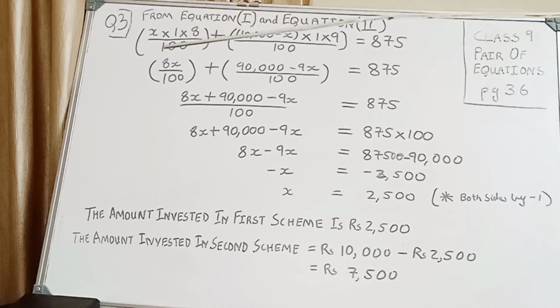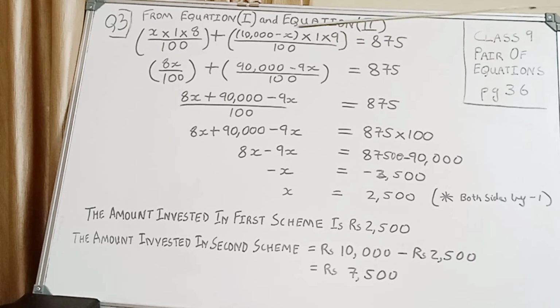Now multiplying all the numerators, this numerator 1 into X into 8, you will get 8X divided by 100. This would be the first term. Then the second term, 10,000 into 9. 1 into 9 is 9.